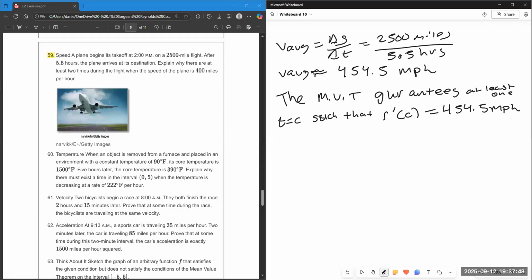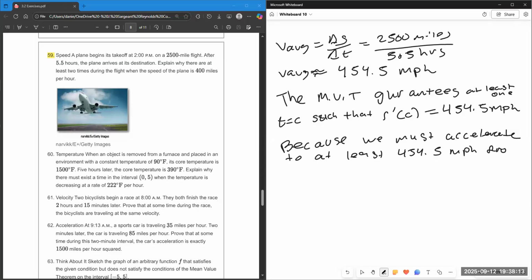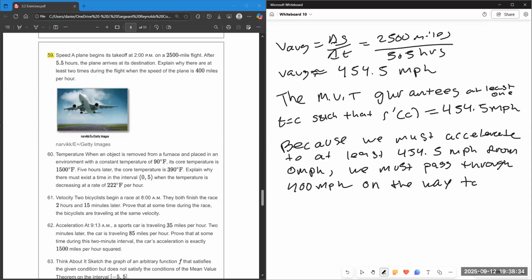Because 400 is below 454.5, because we must accelerate to at least 454.5 miles per hour from 0 miles per hour, we must pass through 400 miles per hour on the way to 454.5 miles per hour.